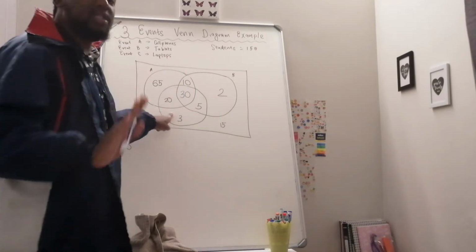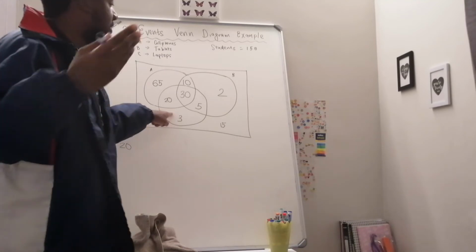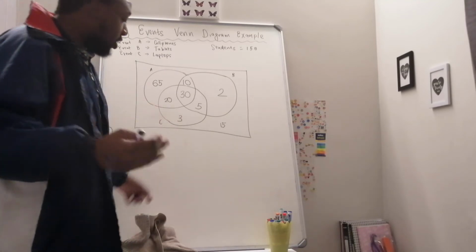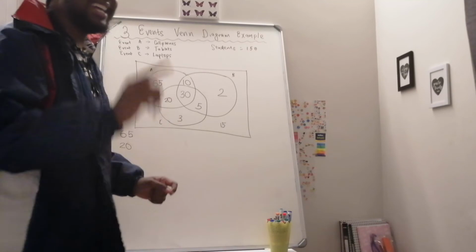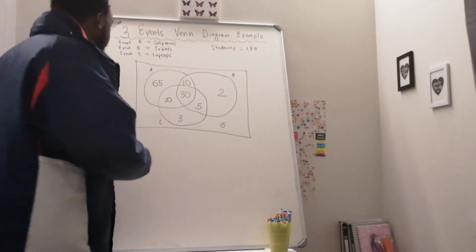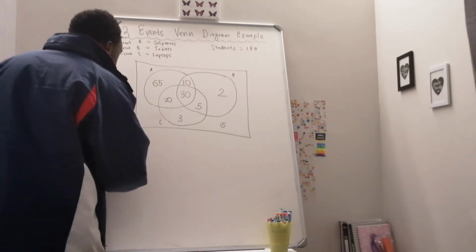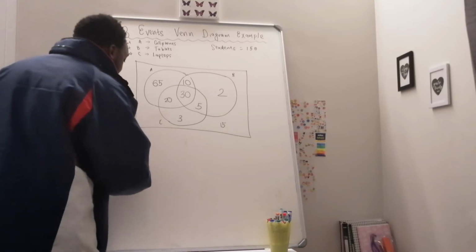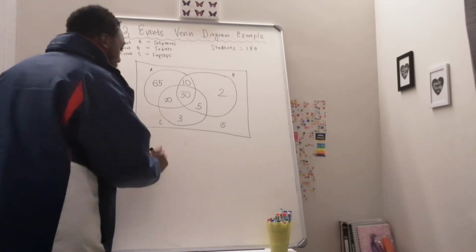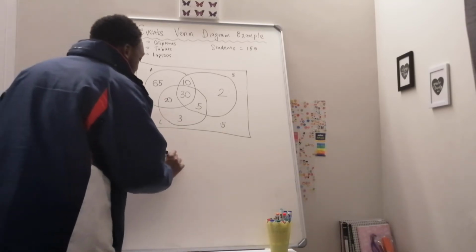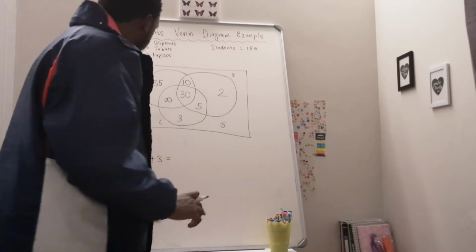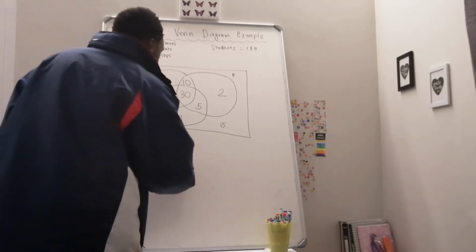This is students that own just the laptops. So if I want to know how many students own exactly one device, then I need to take that 65, add it with the 2, and then add it with the 3. What do I get? 65 plus 5 is just 70.